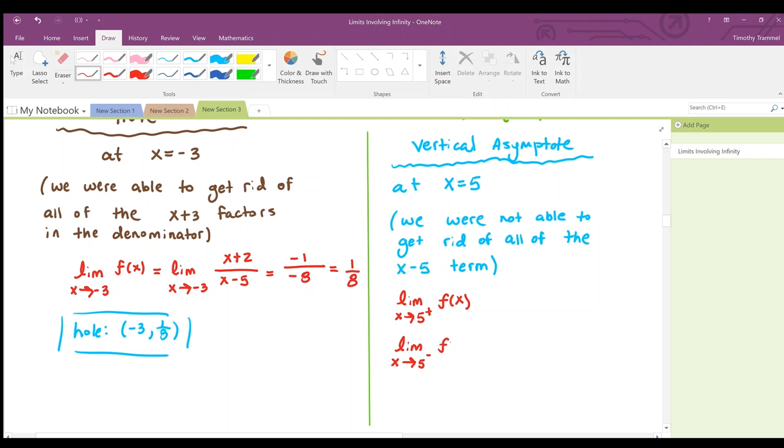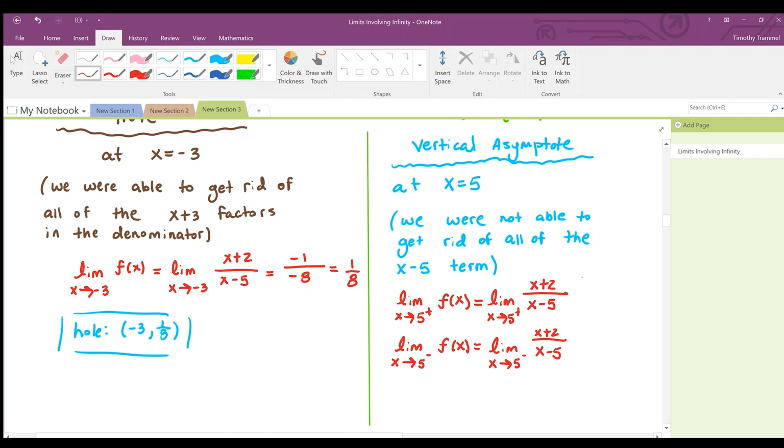I can use the original form of f of x, or I can use that simplified version. Let's make our lives a little bit easier and use that simplified version. So the limit as x approaches 5 from the right of x plus 2 over x minus 5. And same goes for this left-hand limit.